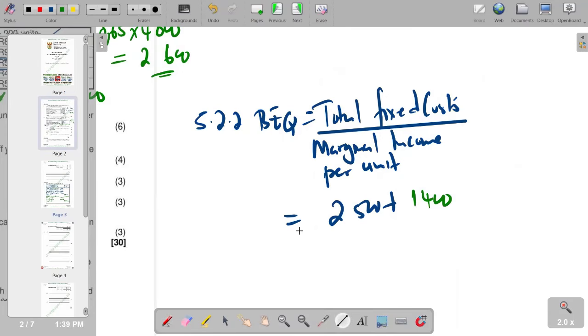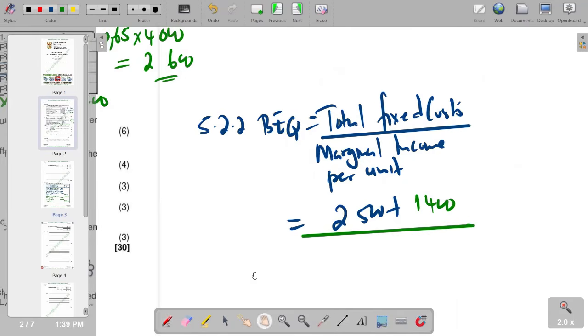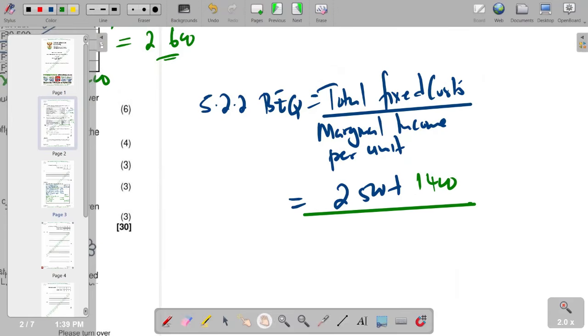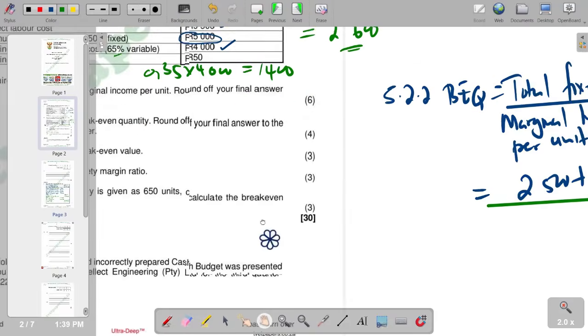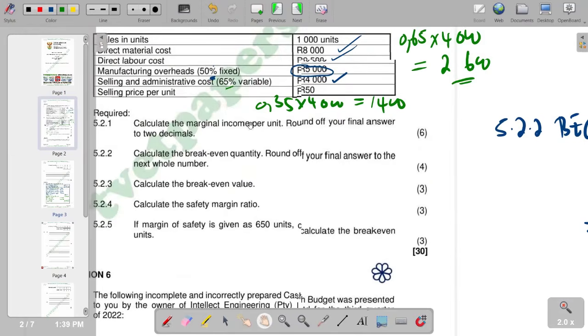And then the answer that you get, you divide by the marginal income per unit, which we calculated on the first part, and we got 27 rand 90 cents. So that is going to be our denominator.